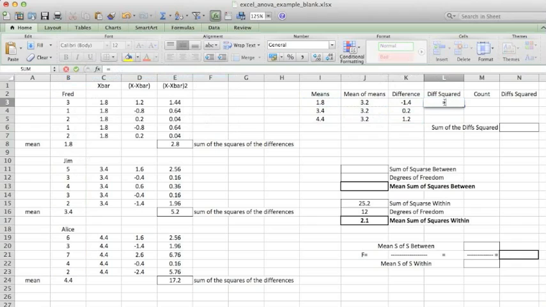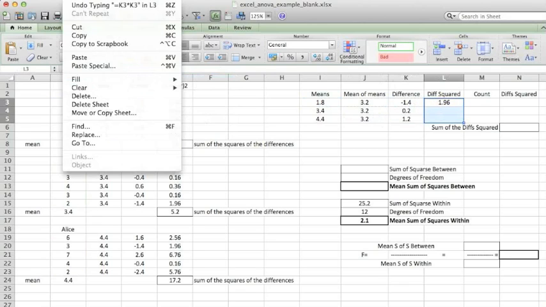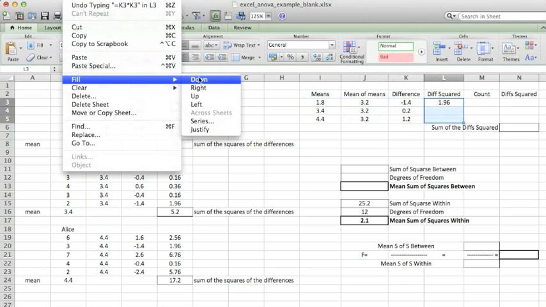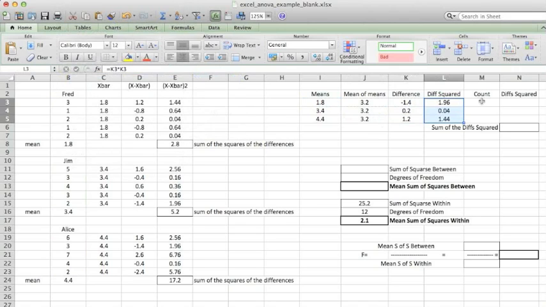Now I'll calculate the squares of the differences between the means. In this case, we were fortunate all of our groups had the same number of values. That's not always going to be the case.